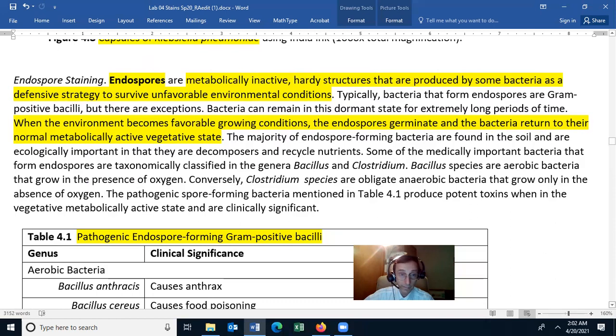They're a defensive strategy so that when the environment deteriorates, the parent cell realizes this and can make an endospore, and this endospore is a cell in hibernation. And so the cell can survive even when the environment is very unfavorable.